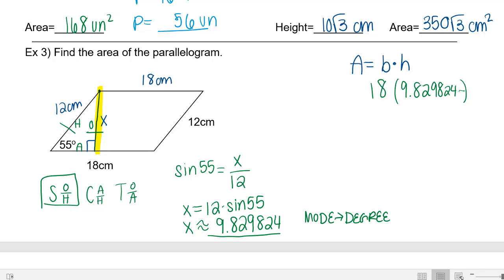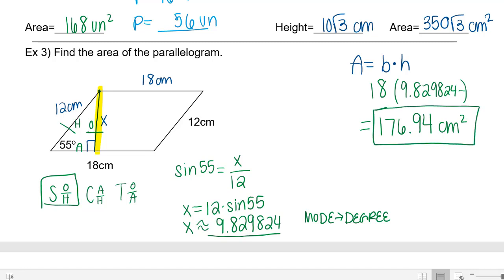And again, rounding to like 4 decimal places gets you mostly where you need to go. But remember, with this, we want to be as exact as possible. So 176.94. Let's round to the nearest hundredth, even though the directions don't tell us what to round to at that very end portion.